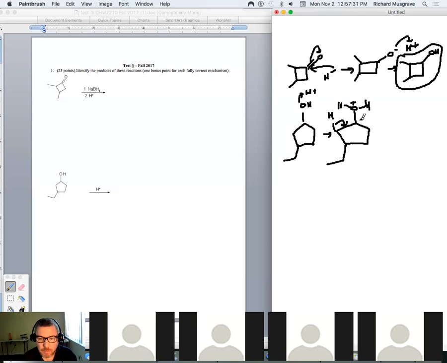And in the spirit of what I was talking about earlier, I would just do a straight E2 mechanism on this one. If you don't include the H plus and the H2O, chances are I'll probably still give you the credit for the mechanism. But again, circle the answer and make sure that all your details are there as well. Does anybody have any questions?